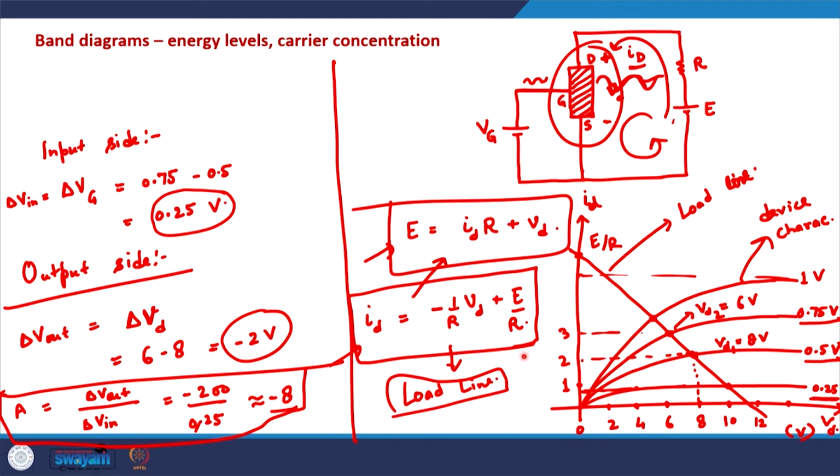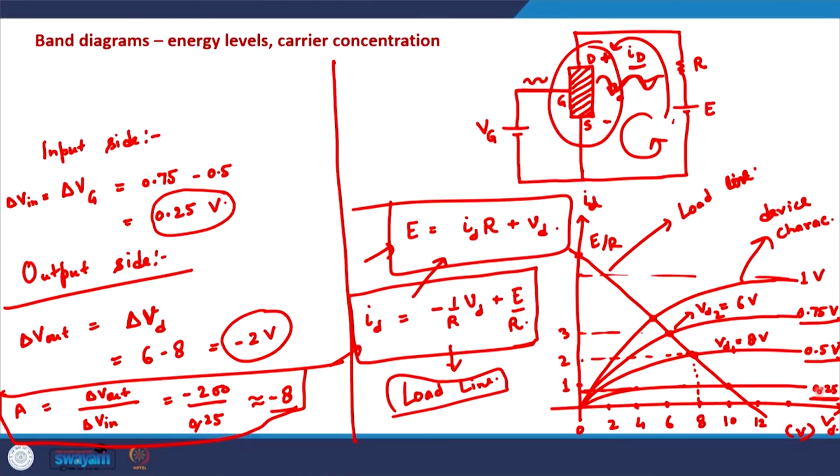So, this is qualitatively how the amplification is achieved in MOSFETs. Okay. And as you can see, the nonlinear characteristics of the MOSFET play quite a crucial role in this. One is the nonlinear characteristics, and second is the sensitivity to the gate voltage.